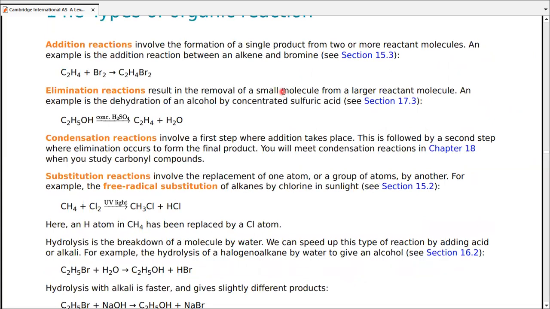Elimination reaction. As the name suggests, we're going to remove a small stable molecule from a larger reactant molecule. An example of this is dehydration of alcohol. Since it has been taken out of the O-levels course, but I guess this is still a part of our IGCSE course. You already know that hydration of alkene produced an alcohol, and an alcohol can undergo an elimination reaction with the help of a dehydrating agent, which can take out water and convert that alcohol back into an alkene.